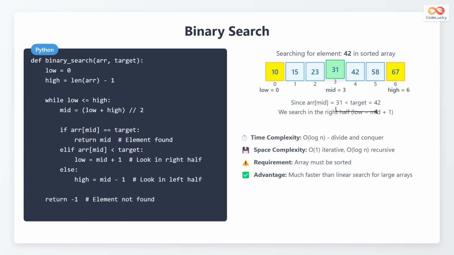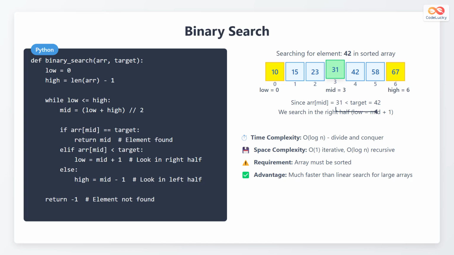While low <= high: mid = (low + high) // 2. If array[mid] == target: return mid. Else if array[mid] < target: low = mid + 1. Else: high = mid - 1. Return -1.